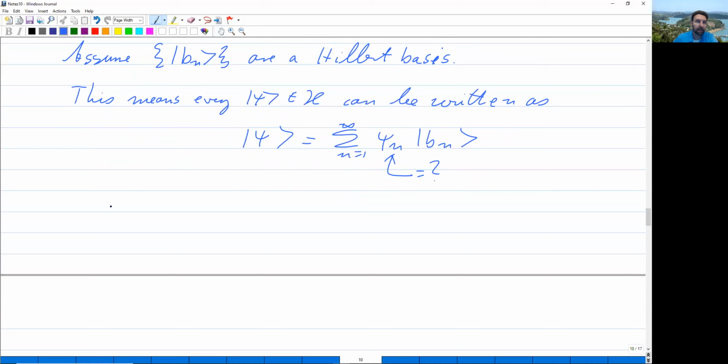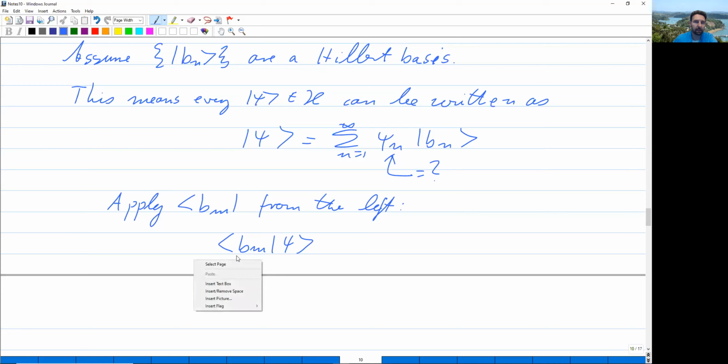Well, to find out, apply a vector bm from the left. So then what do we obtain? We obtain that bm psi, this is a scalar product, right? So this whole thing here, this is an element of C, is equal to bm sum over all n psi n bn.